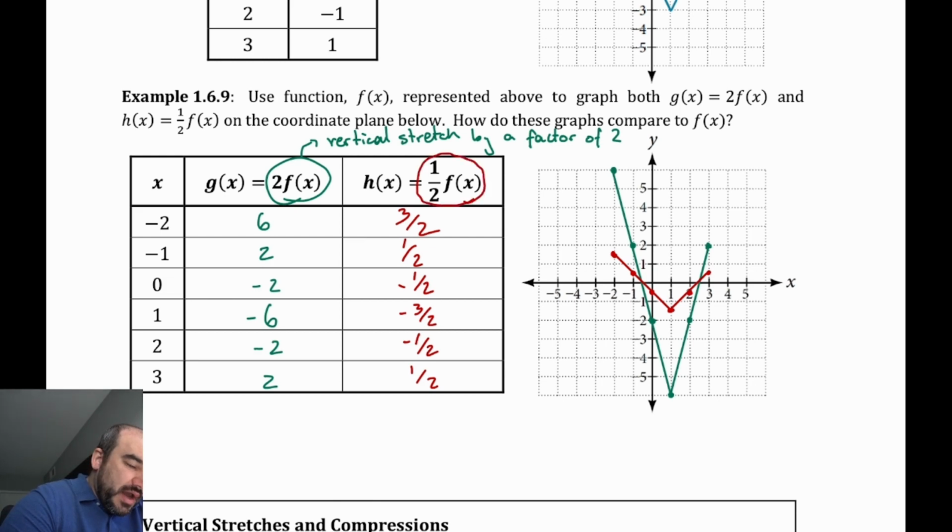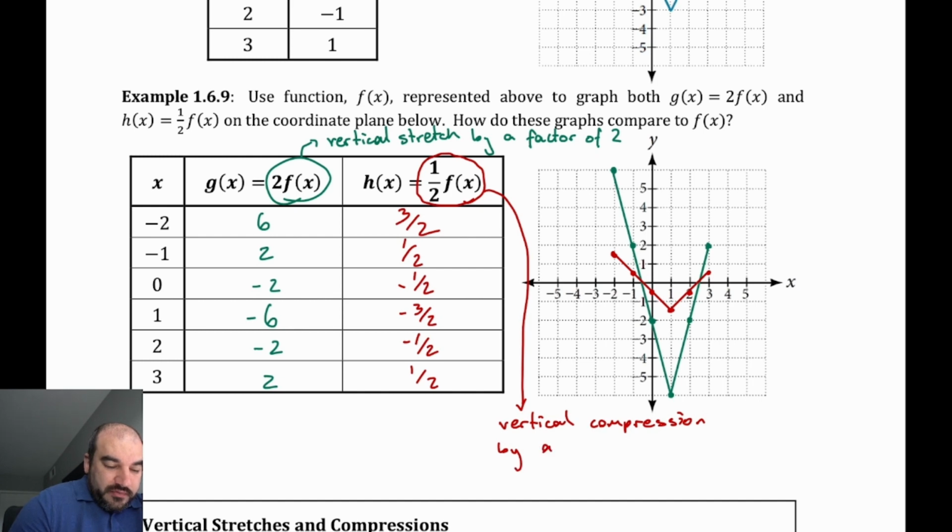And this 1/2 f of x, we'll write it down here, is a vertical compression by a factor of 1/2. Because multiplying by 2 makes things larger, it's going to be a stretch. And because multiplying by 1/2 makes numbers smaller, it's going to be a compression.